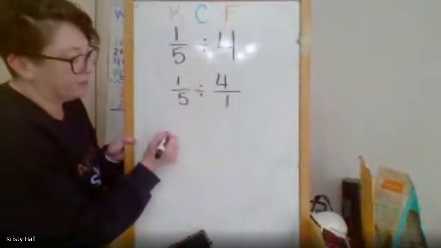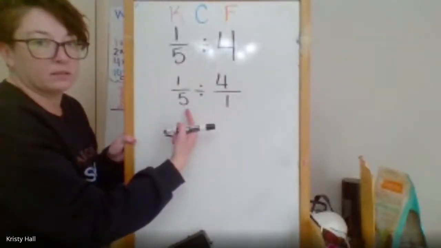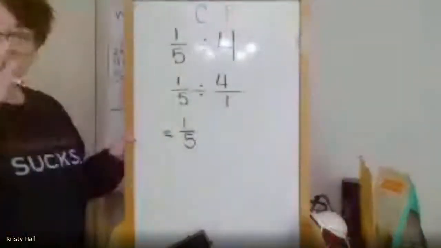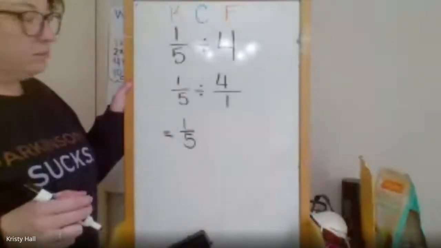Okay, so now I've got to keep, change, flip. So what do I write first? Remember, you're keeping that first fraction. It's just going to stay the same. Doesn't change at all. Okay, what was next? Ava J. You have to change the division sign into a multiplication sign.